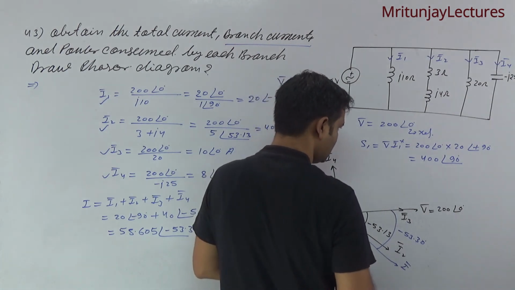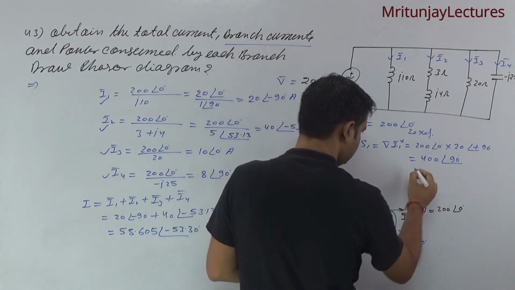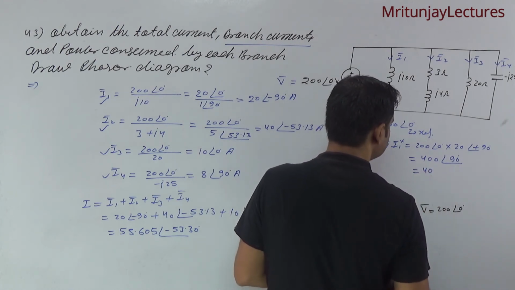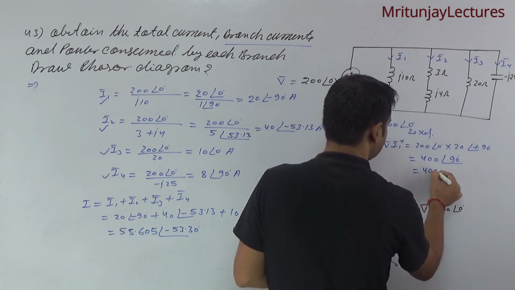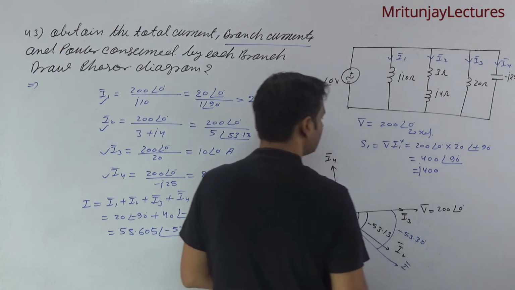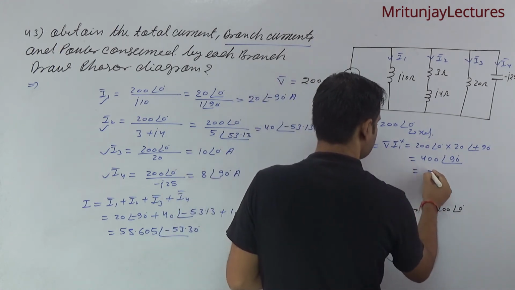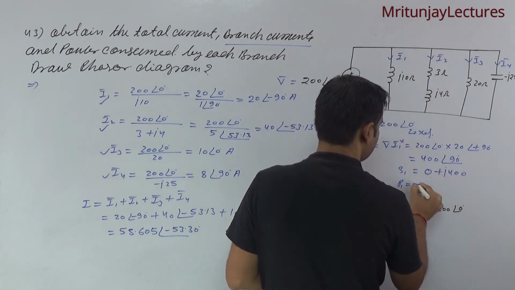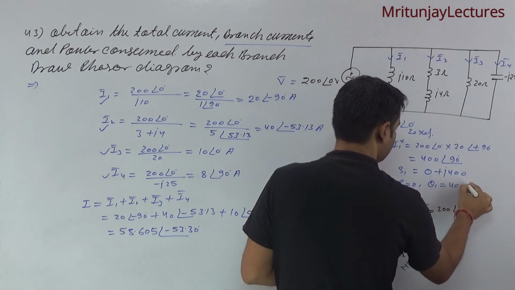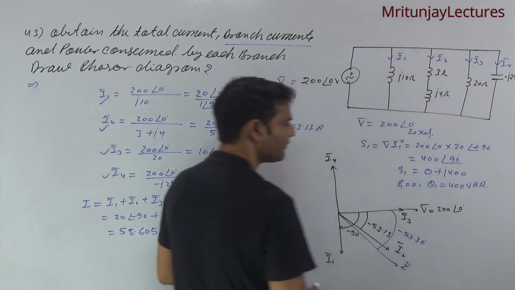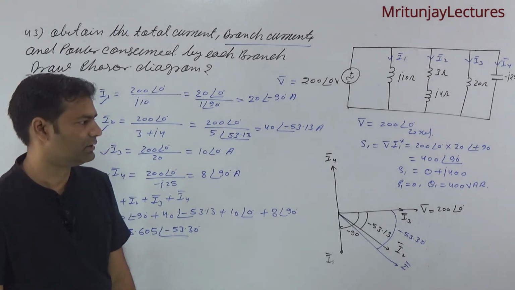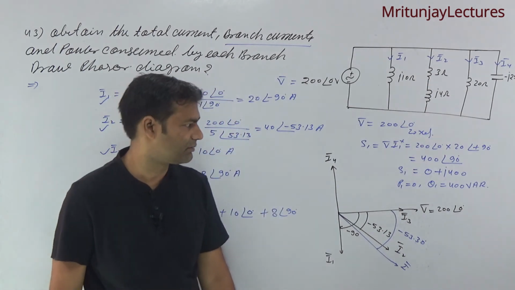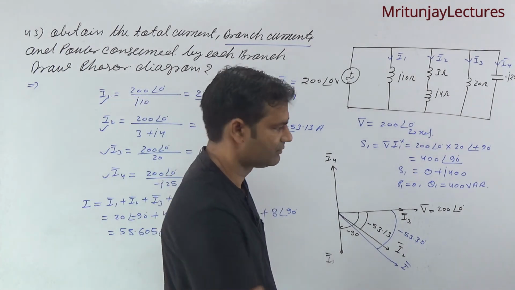Okay, j400 only, means 0 plus j400. S1: P1 is 0, Q1 is 400 VAR. Okay, clear or not? In case of active power it is 0, and what about in case of reactive power? That is 400 VAR.